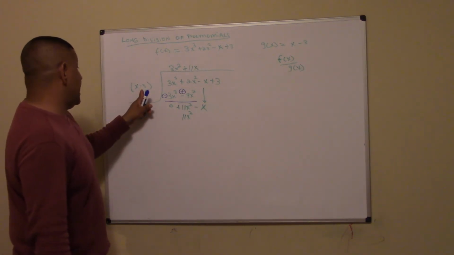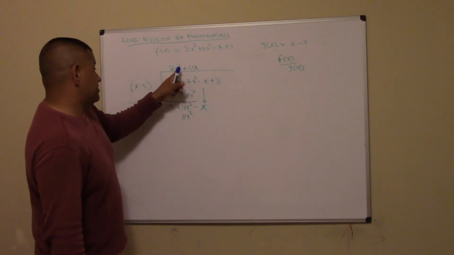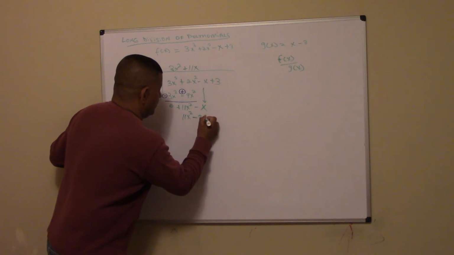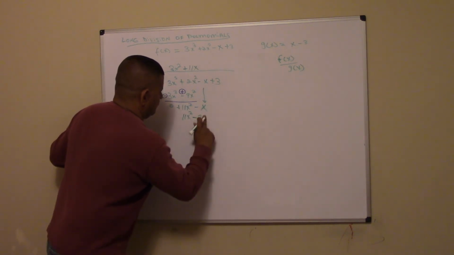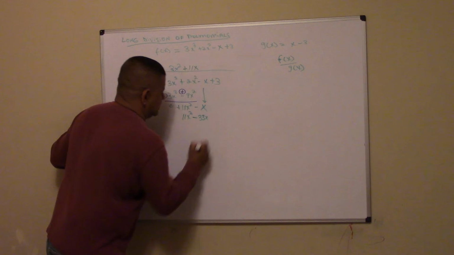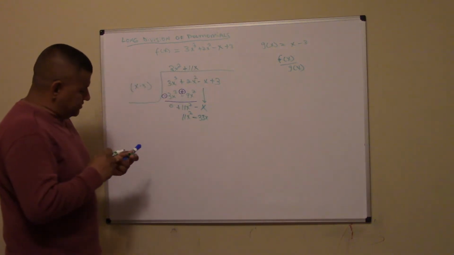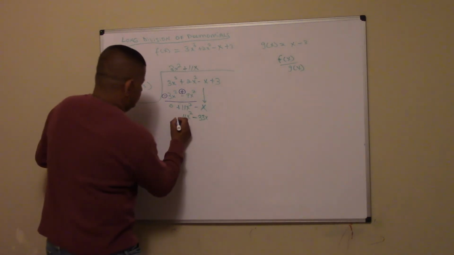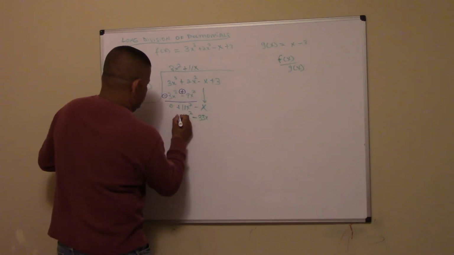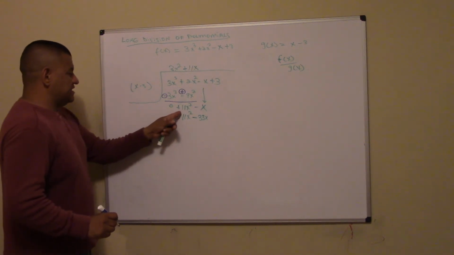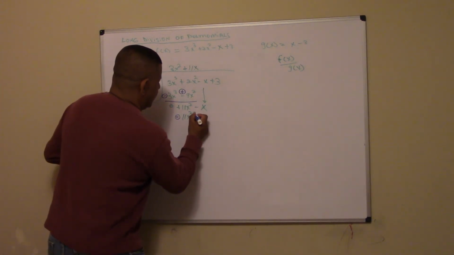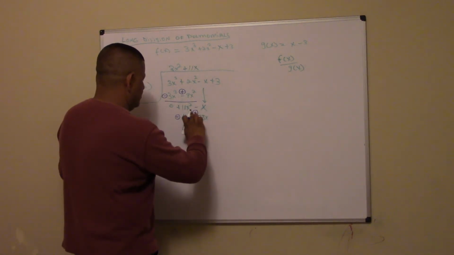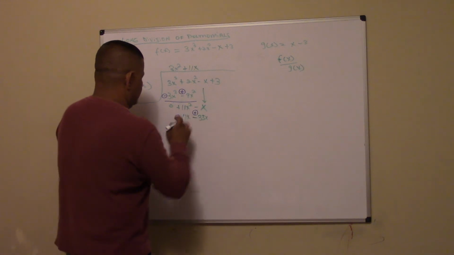Negative 3 times positive 11x is equal to negative 33x. Let's change the signs again. A positive becomes a negative, a negative becomes a positive.